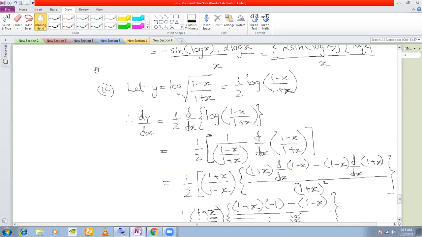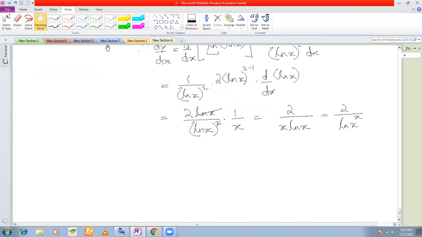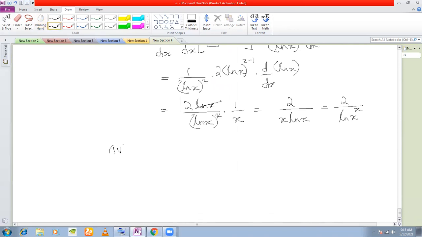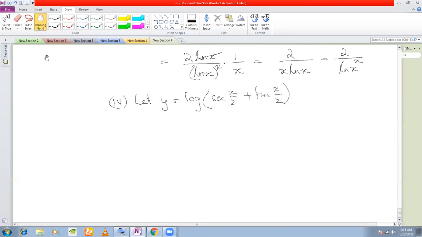Log of sec x by 2 plus tan x by 2. Okay. So here you have dy/dx, this is d/dx of log of sec x by 2 plus tan x by 2.